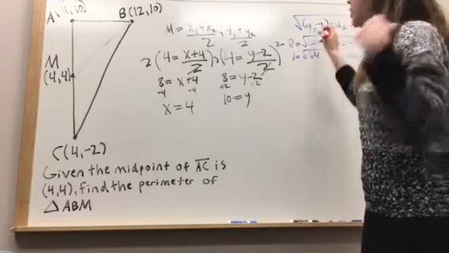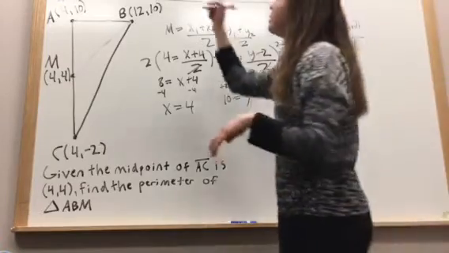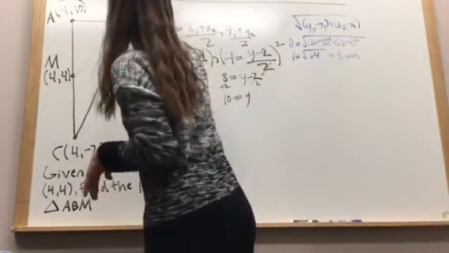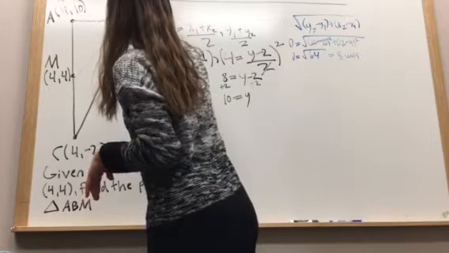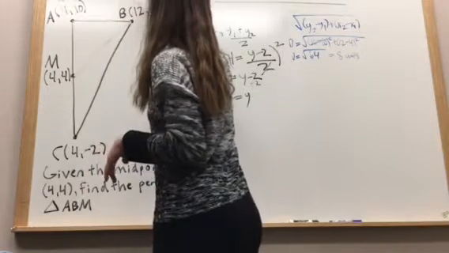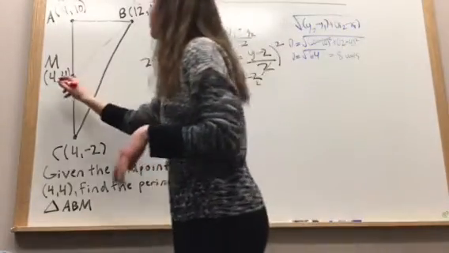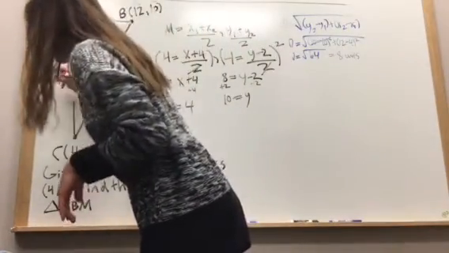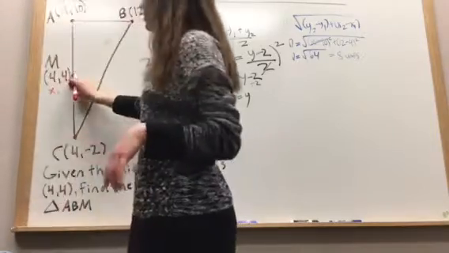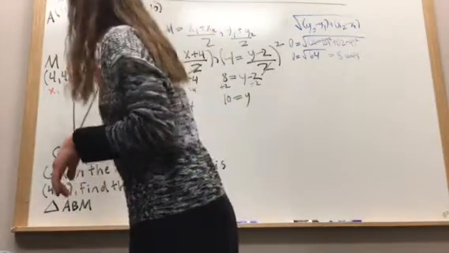I'm going to use the same formula, except this time my 12 is going to be x sub 2, and my 10 will be y sub 2. So down here, my m value, my 4 here will be x sub 1, and my 4 here for y will be y sub 1.